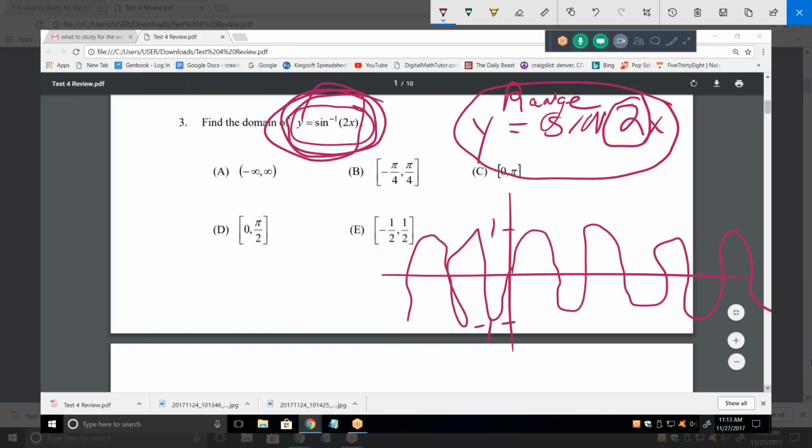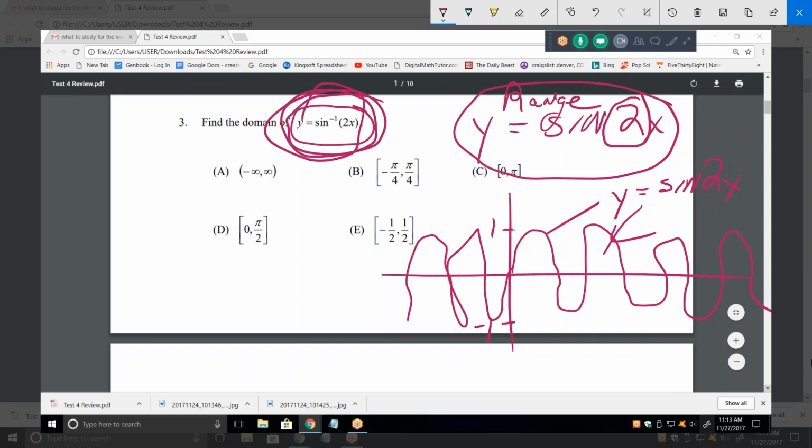It changes only the horizontal measurement, which means the range of that is still -1 to 1. Okay. So that's the range of sine 2x. This is what we've graphed: y equals sine of 2x. That's what that is. Okay?